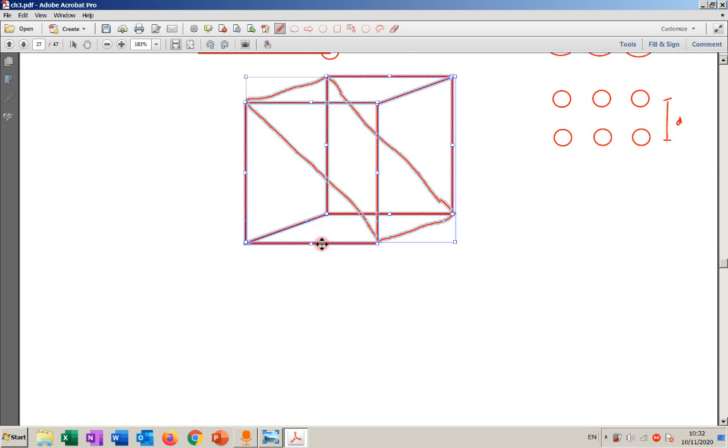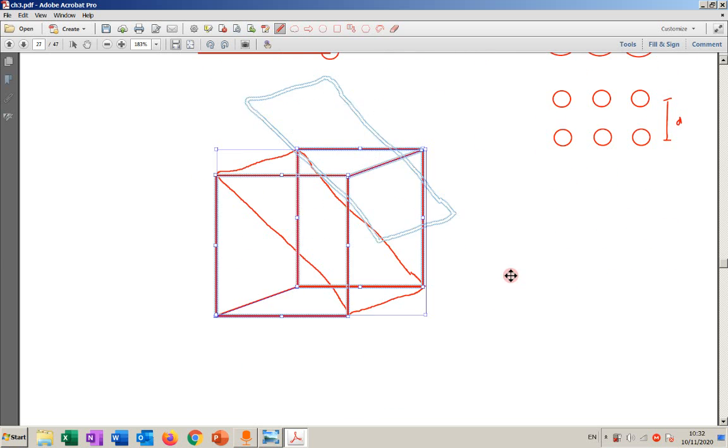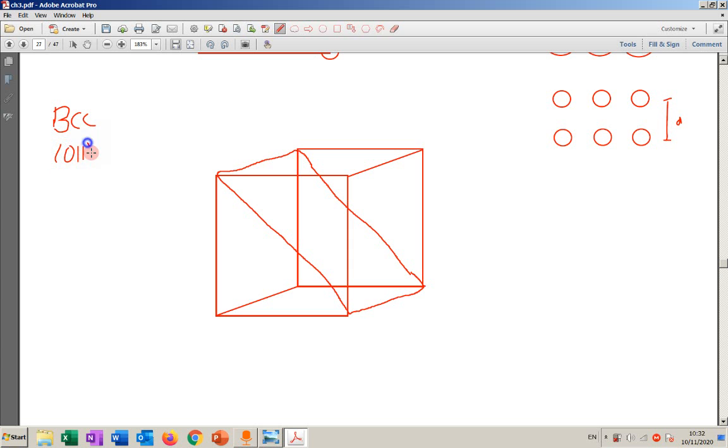Drawing will be the same, as we said that drawing the plane is independent of the crystal structure. So the plane that we have there for BCC, this is plane 0, 1, 1.